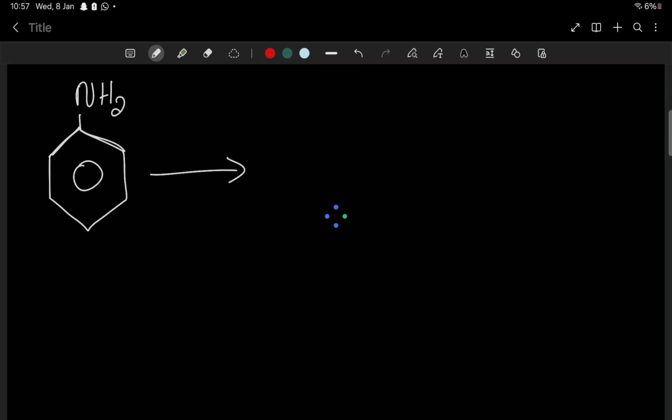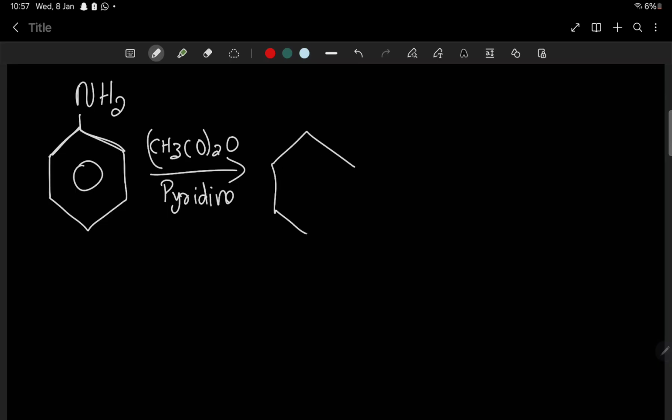For that, you do the same method we did: add acid anhydride, and first make the compound into acetanilide. Do it in pyridine medium. We get acetanilide, that is NH C double bond O CH3.